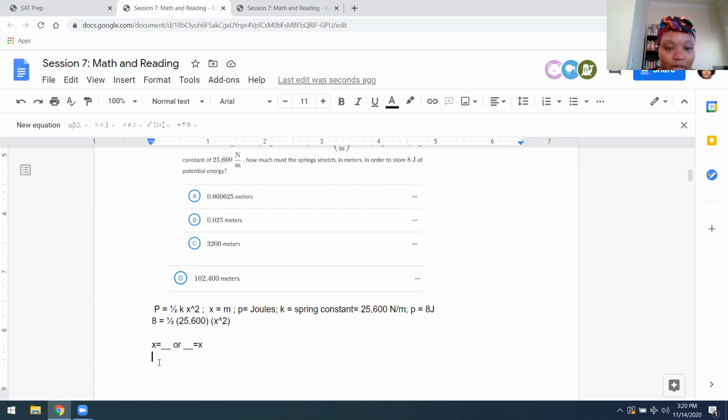You get 8 equals 12,800 times x squared. So the next layer to peel off is we have to get rid of this 12,800.